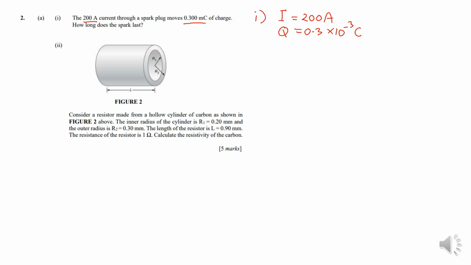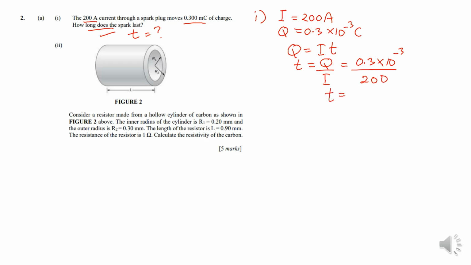So number 1, how long the spark lasts is T. So kita tahu Q is equal to IT, so kita nak T is equal to Q over I. Q kita 0.3 times 10 to the power of negative 3, I is 200. So dapatlah T is 1.5 times 10 to the power of negative 6 second.